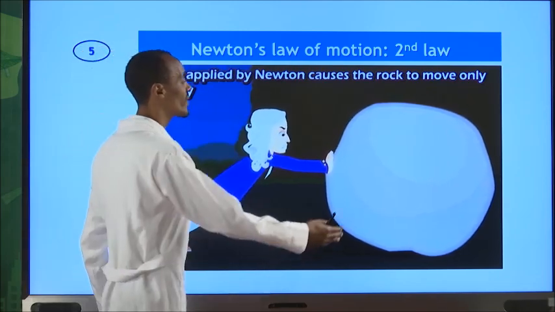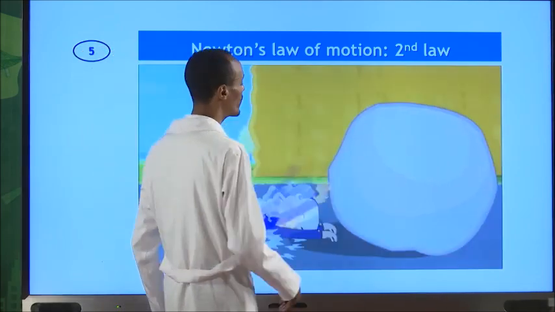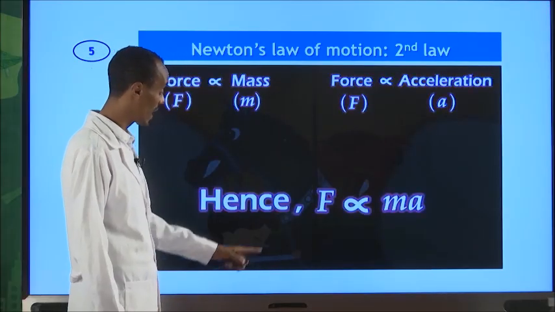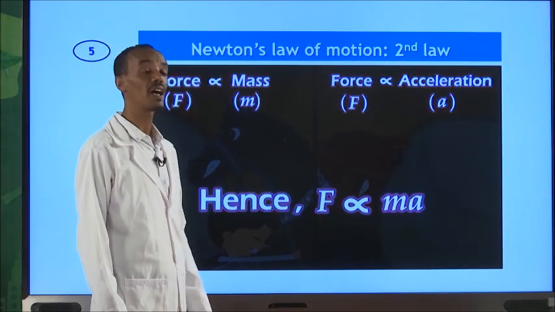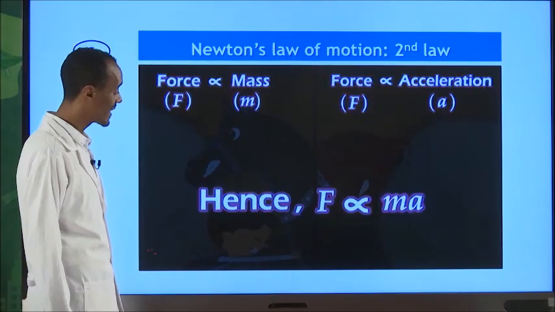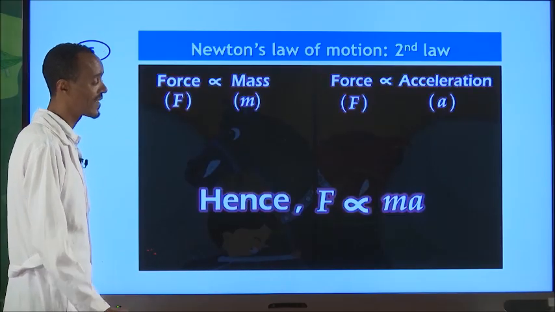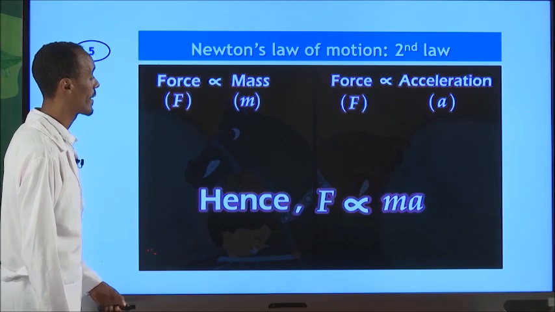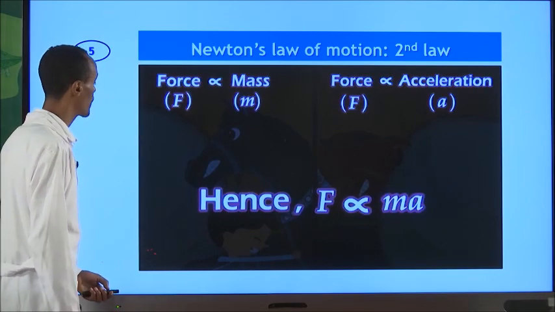That means if the mass is large enough, then you have to apply a force that is also large enough so that you can accelerate the object, set it into motion, or change the velocity of the object.